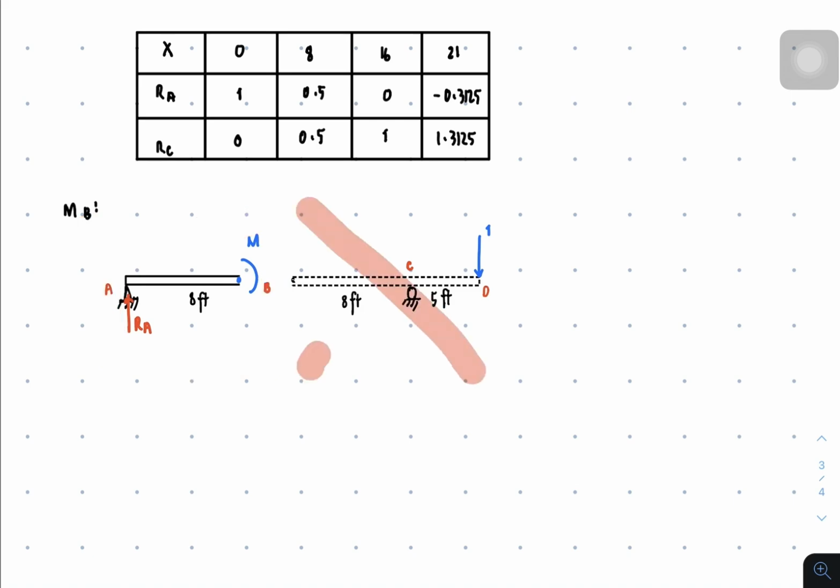So kani dili na siya nato i-consider, but we're going to still try to transfer the 1 unit load from each point. And remember how to get the equation done. It's actually M equal to the summation of moments. So it's clockwise positive, counterclockwise negative.